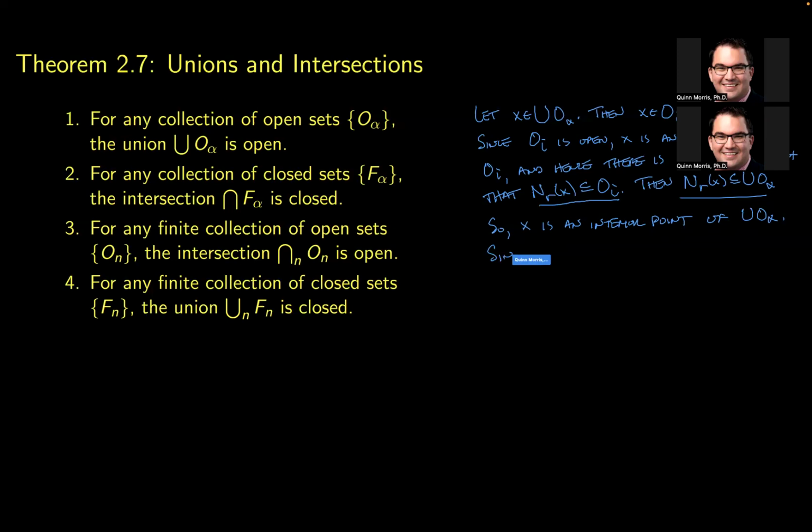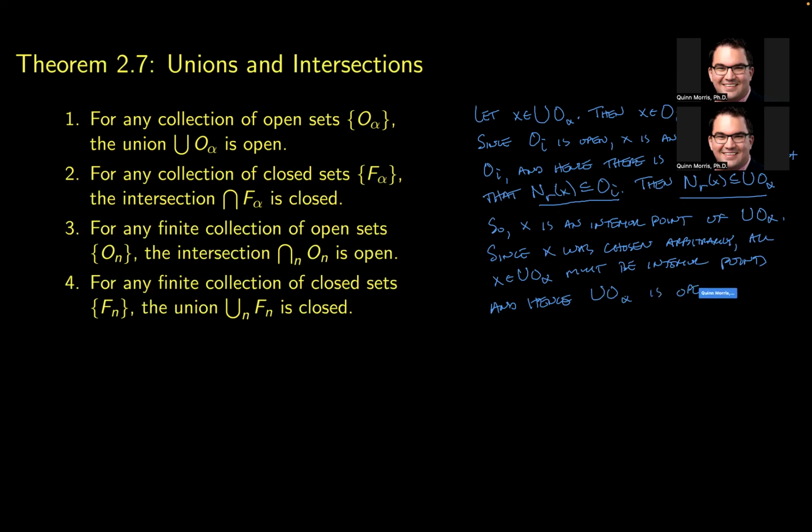Since it was arbitrary, since it was chosen arbitrarily, all X in the union of O sub alpha must be interior points. And hence, since every point in that set is an interior point, the union of the O sub alphas is open.